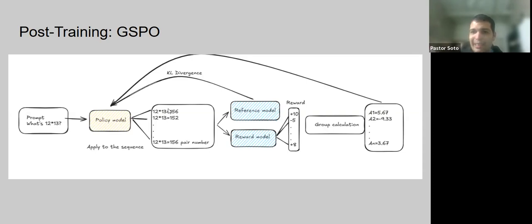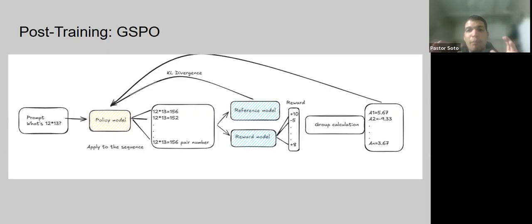Once you generate several responses, they go to a reference model. This reference model tries to keep your policy's generations within the boundaries of the gains that you got through the supervised fine-tuning. We don't want to deviate a lot from what we already gained in the previous stage, like the pre-training or the supervised fine-tuning.